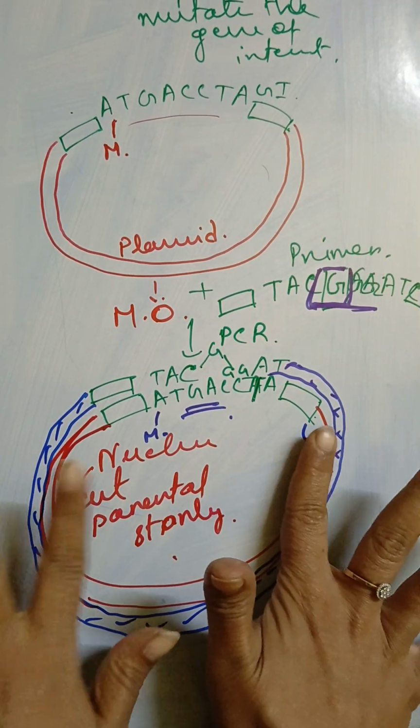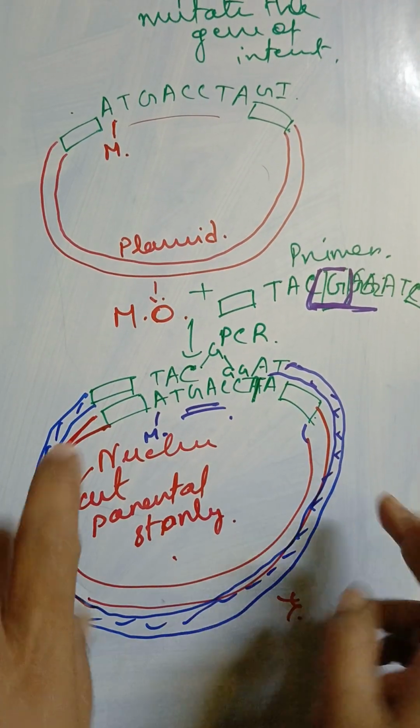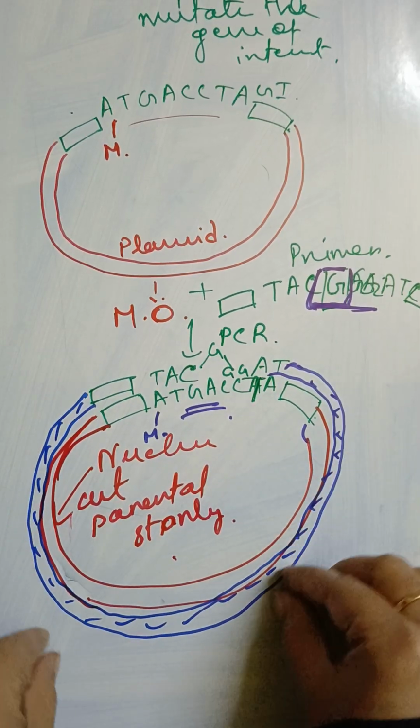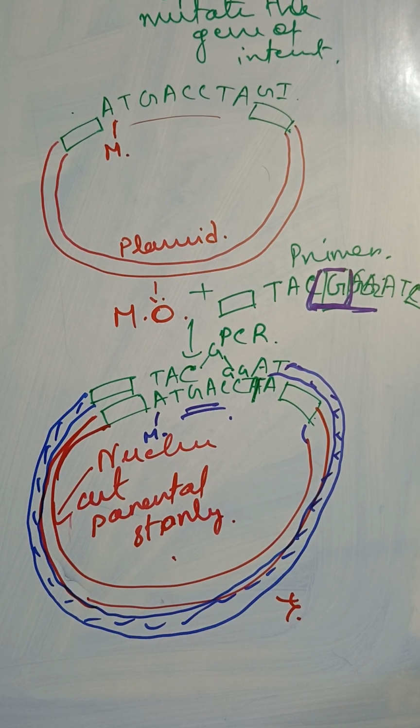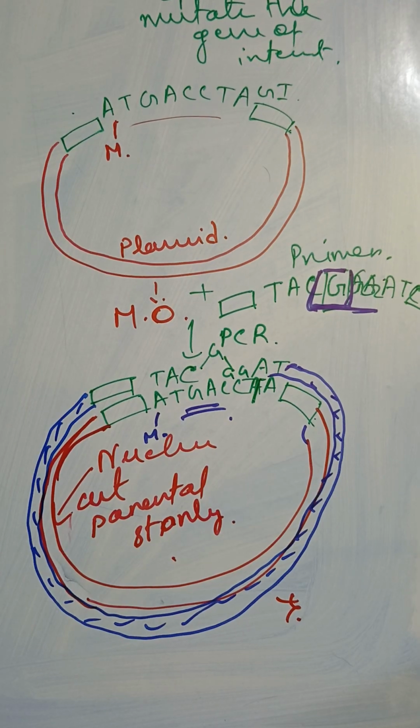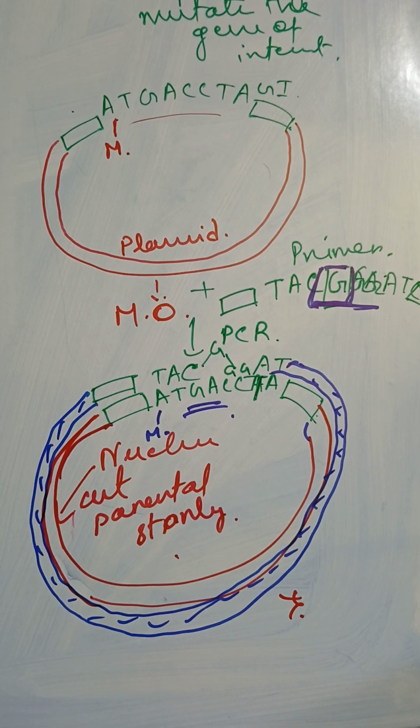Suppose you don't have the parental strand, so you only have the newly synthesized strands. So in this way site directed mutagenesis works, which will specifically modify a gene of interest to produce the desired product in the industry and help in industrial microbiology.